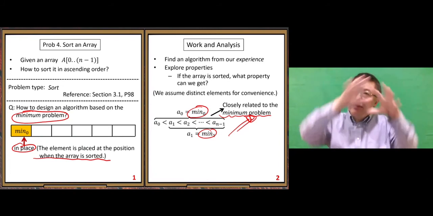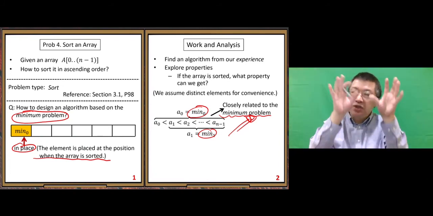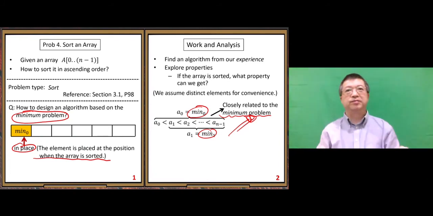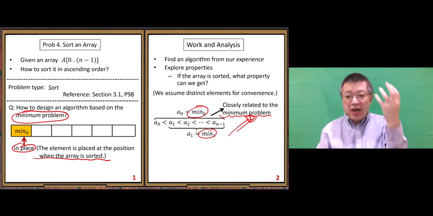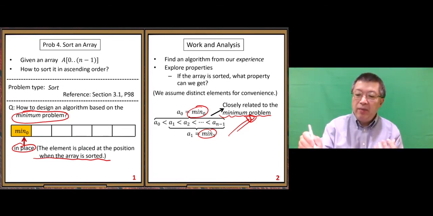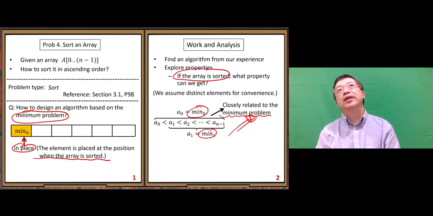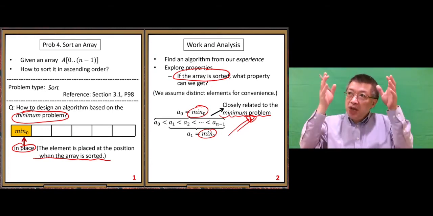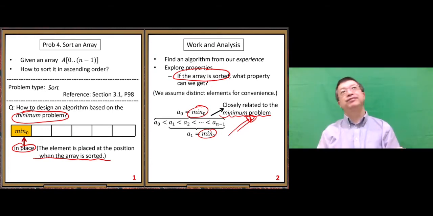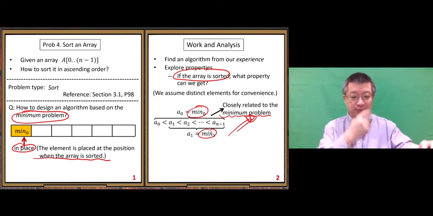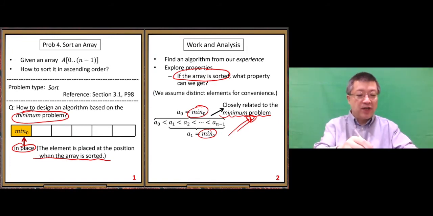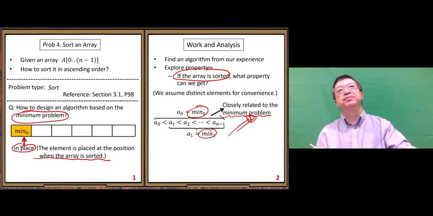In that situation, we use this in place concept. That's the reason at the beginning we make this assumption the array is sorted, right? Because in that arrangement, we can use this in place concept. Okay, here. The first element is in place.